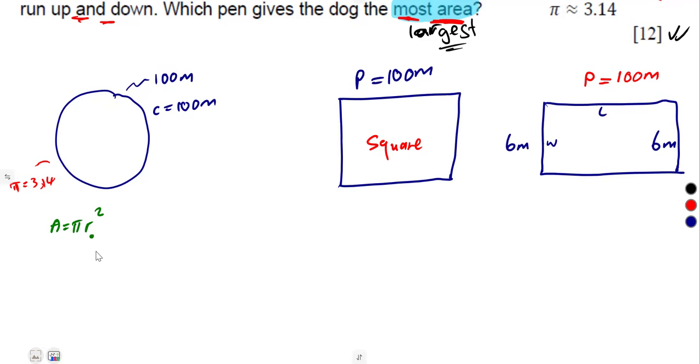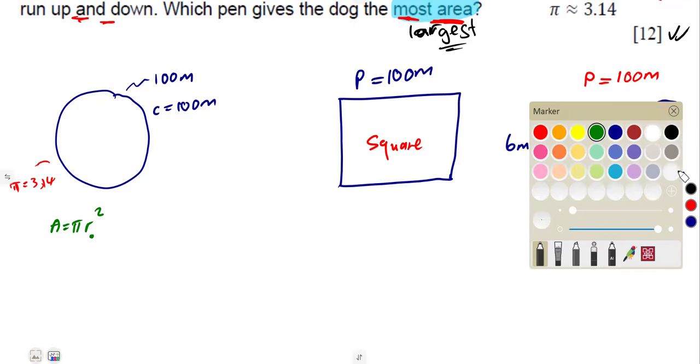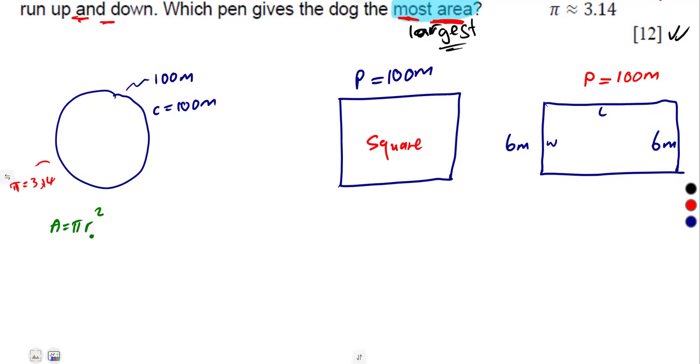The only thing that we know is the circumference. They told us it has a circumference of 100 meters, the perimeter. So from that, let us calculate the radius, since the perimeter, our circumference C, is equal to 2 pi r. So 100 is equal to 2 times pi.